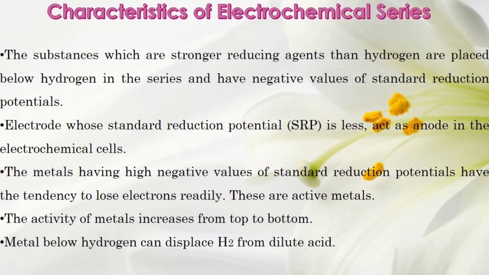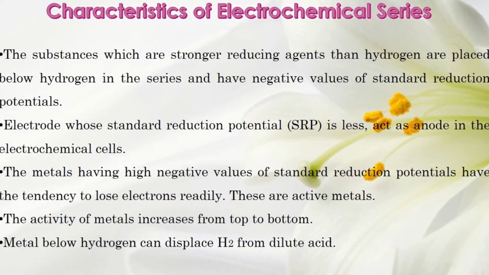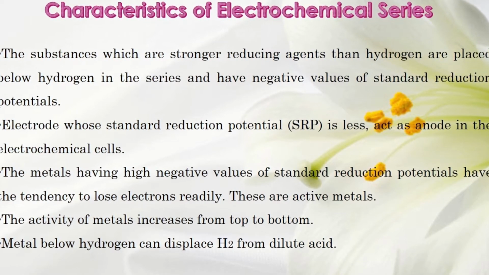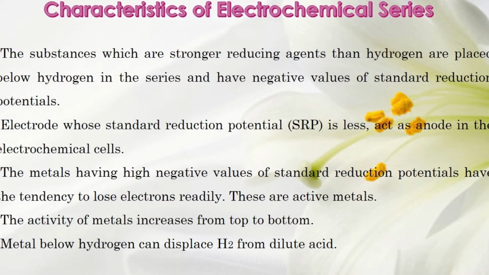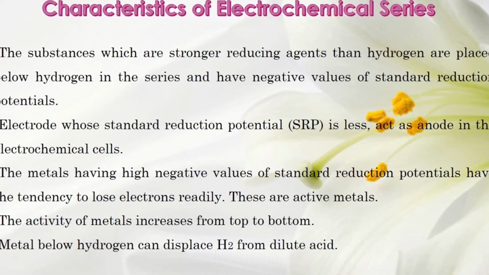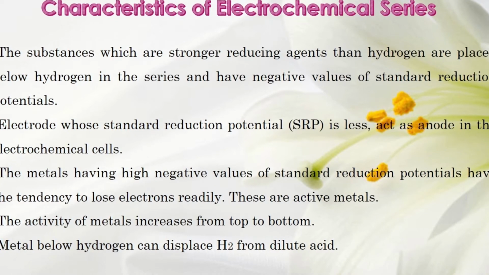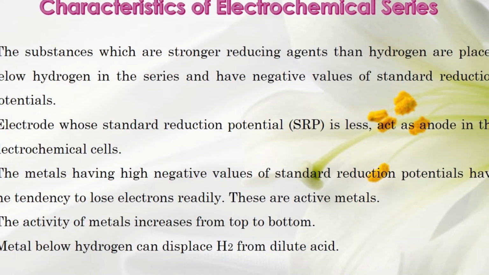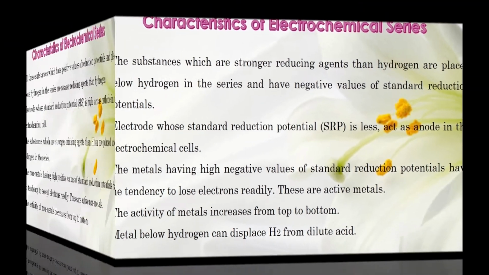The metals having high negative values of standard electrode potential will have more tendency to lose electrons. Therefore, they will act as active metals. The activity of these metals will increase from top to bottom.